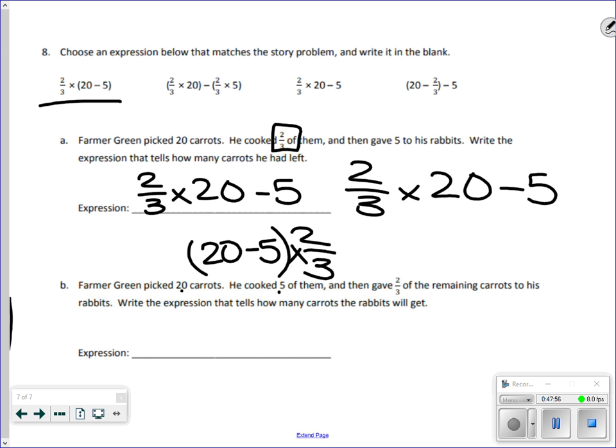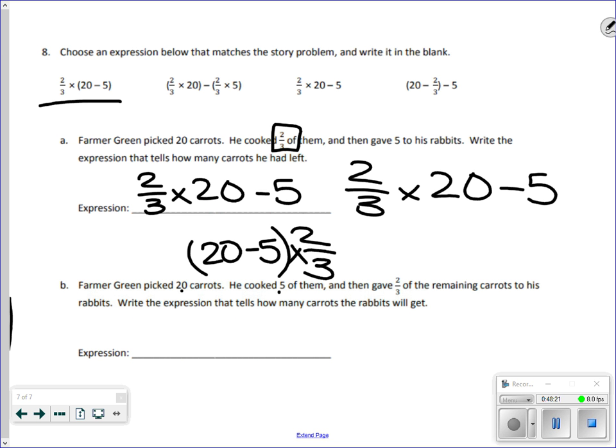carrots to his rabbits. Write an expression that tells how many carrots the rabbits will get. If he's going to get 2/3 of what's left, is there an expression that looks something like this? For A, that would be 2/3 of 20 and 2/3 of 5, and then you're subtracting both of those.